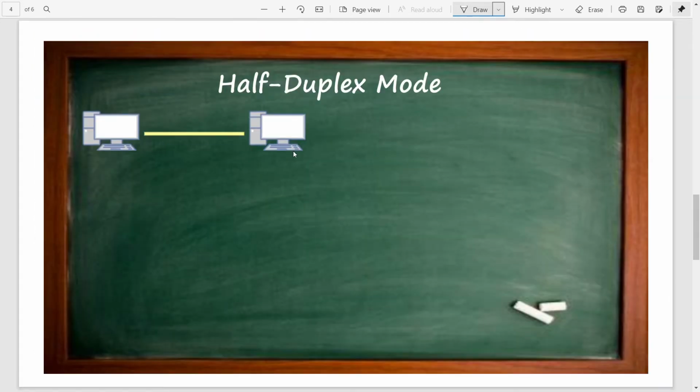Then we will move to the half-duplex mode. In half-duplex mode, if we mention this computer as computer A and this as computer B, computer A can transmit data to B. So A can send data. And also computer B can transmit or send data to A. But both processes can't happen at the same time.